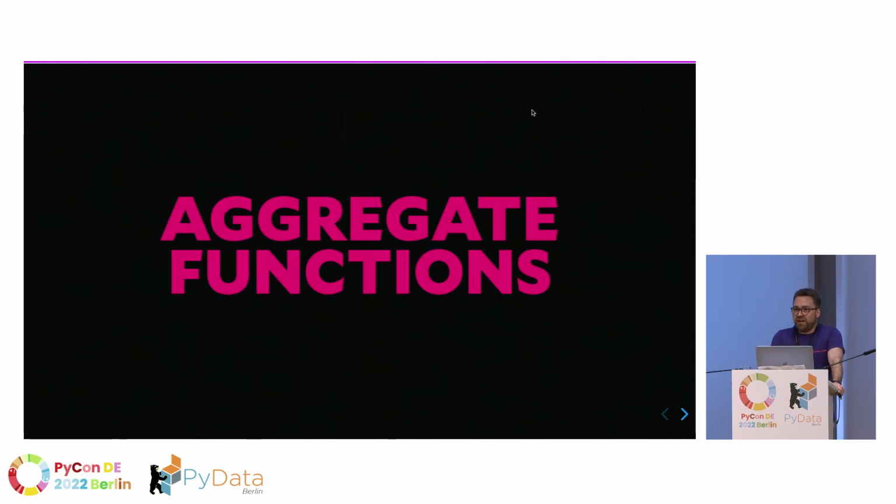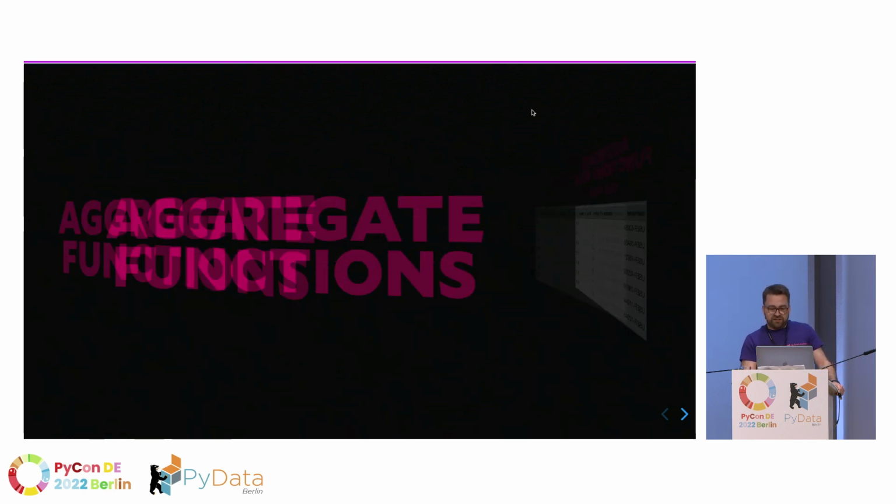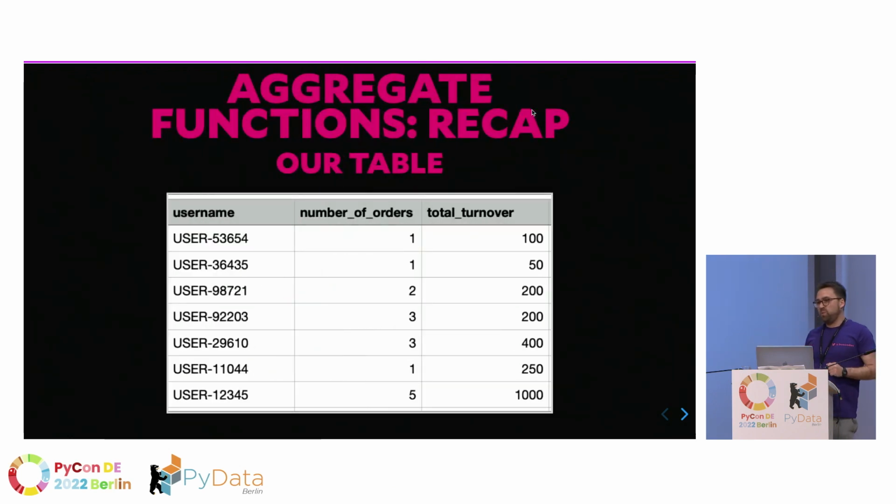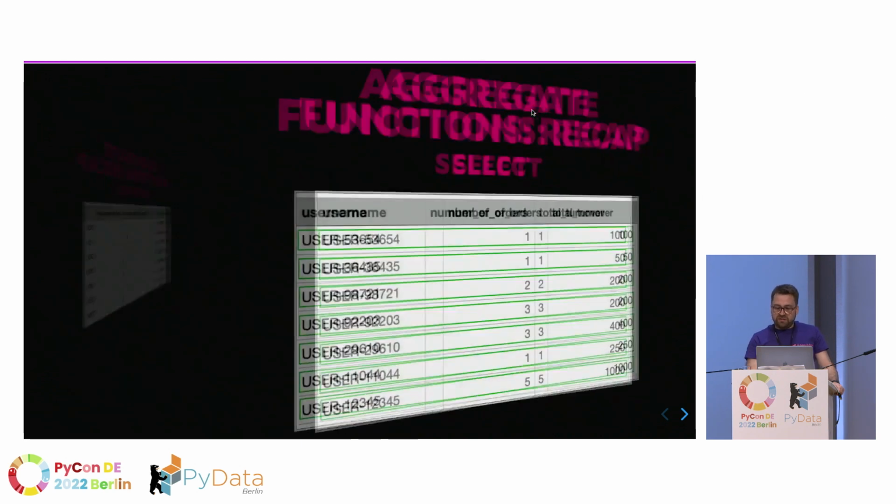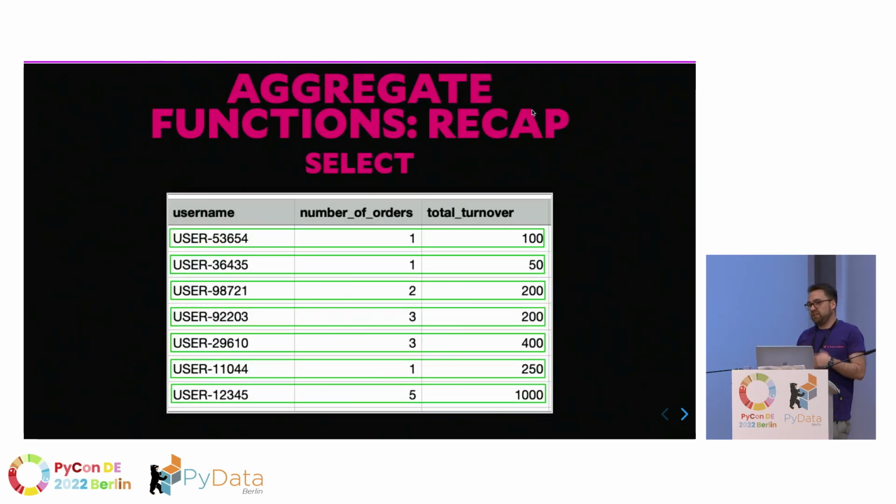So let's talk about aggregation functions. Just a quick recap of what this might look like in SQL. Let's say we have a simple table like this, consisting of username, number of orders, and total turnover. What a normal select does is give you the records in this table on a row level, so it works kind of horizontally.